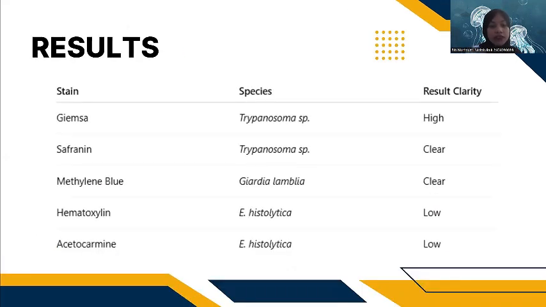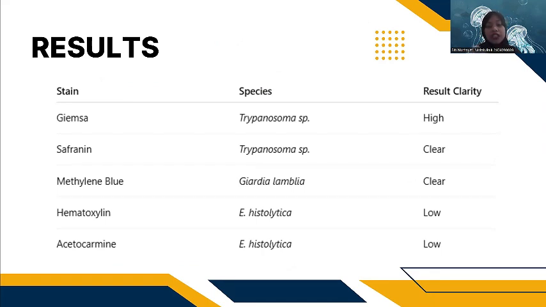Our findings revealed clear differences in staining effectiveness. Giemsa produced the strongest contrast, especially in Trypanosoma sp and Euglena antifossa, where the stain made the nucleus bluish purple and the cytoplasm pale pink. Methylene Blue showed the clear internal features of Giardia lamblia, even without fixation, due to its strong interaction with acidic cellular components.